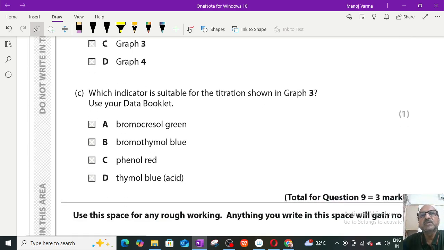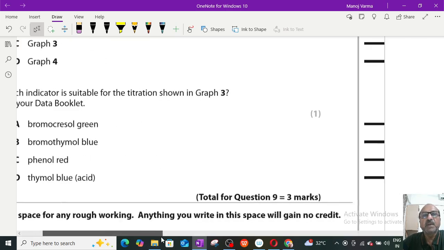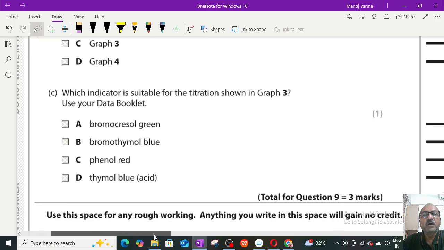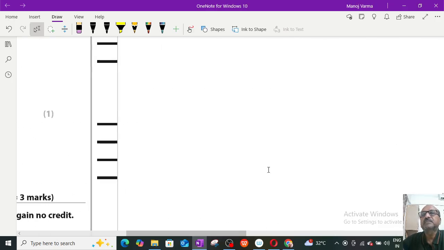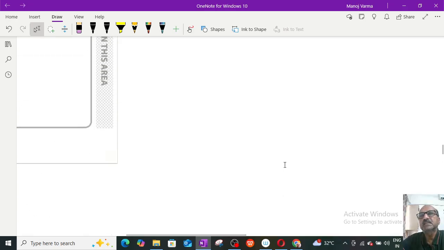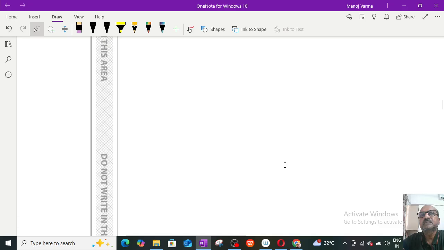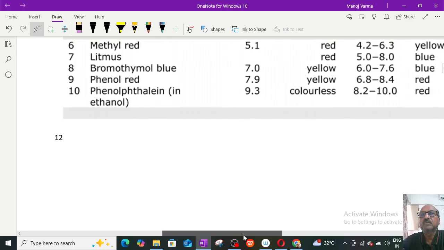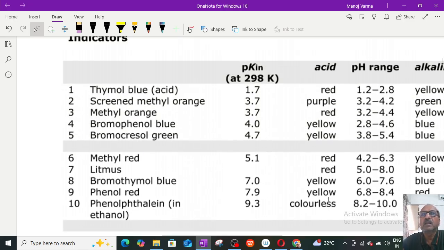Okay, which indicator is suitable for the titration? So methyl red has not been given in the options, so we'll have to go back and see if there are other options possible between 4 and 6. So bromocresol green, bromocresol green.